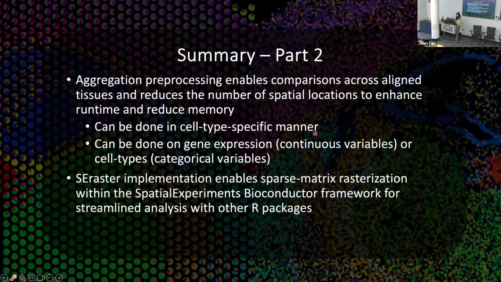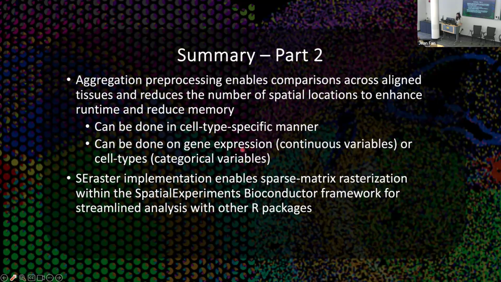As a summary of part 2, this aggregation preprocessing enables comparisons across aligned tissues, but we can also use it to reduce the number of spatial locations to enhance runtime and reduce memory. We like doing this generally in a cell type specific manner. We do our single cell clustering first, and then looking at only a particular cell type, we can aggregate and do this type of evaluation to take advantage of the single cell resolution component.